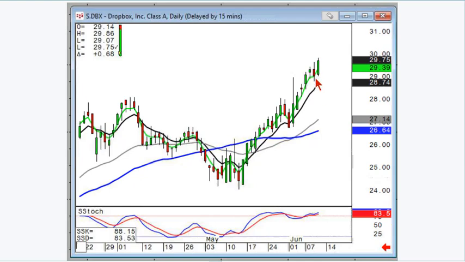If it opened lower, it was coming down to the T line, you could take profits and then see if it would start back up. The fact that it did a sell signal, if I was long and had stock in this yesterday, I probably would have closed out maybe half the position, because now you're up in the overbought area, you're getting extended. Take some profits and then see if the rest of it will run.